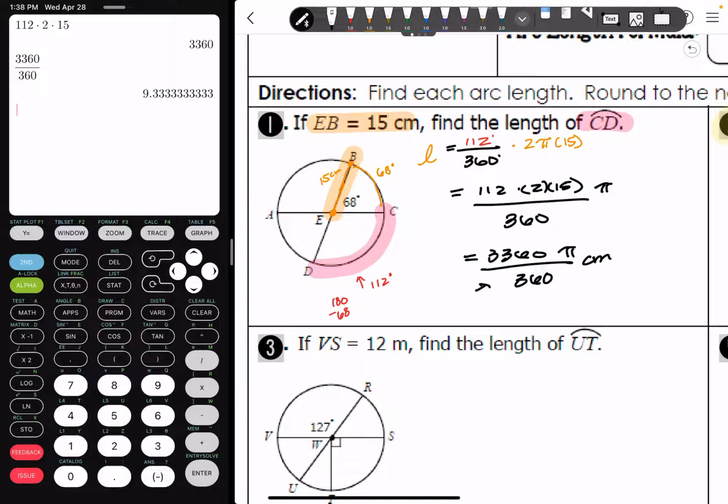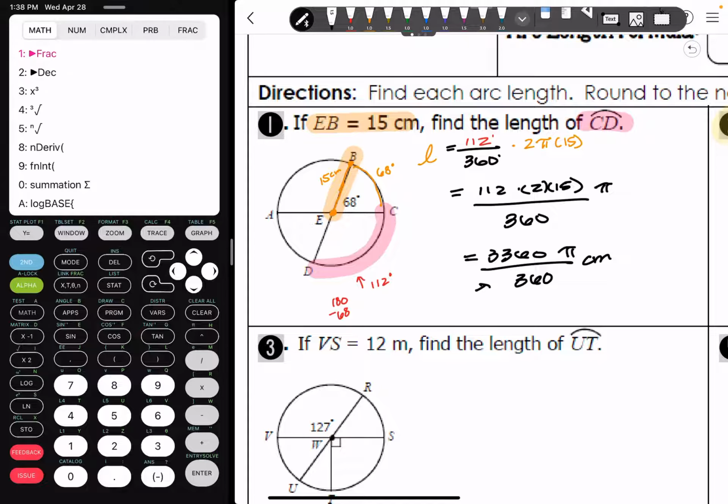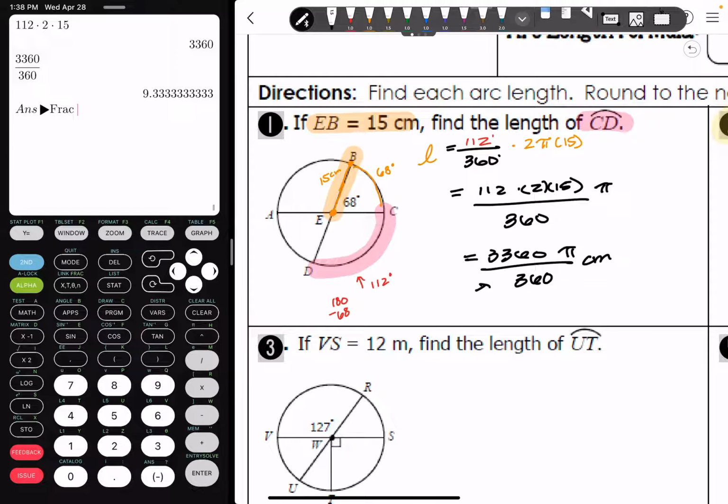If you're using the same one, by the way, just click math, and you see that first option there in pink? You're going to click that, and it converts it back into a fraction for you. So now we've got 28 thirds. And so that means we've got 28 pi over 3 centimeters as our exact answer.